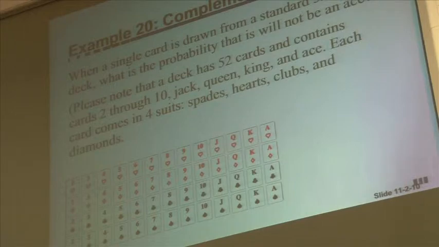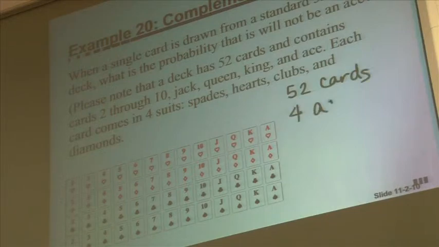This is where that whole idea of a complement comes in. So 52 cards, 4 aces within those 52. If there's 4 aces, how many cards are not aces? 48. All the other ones.